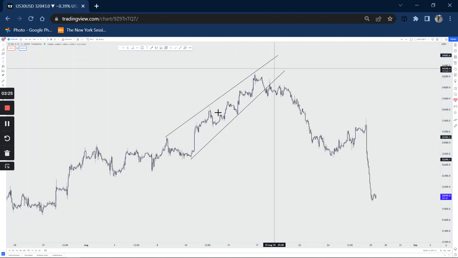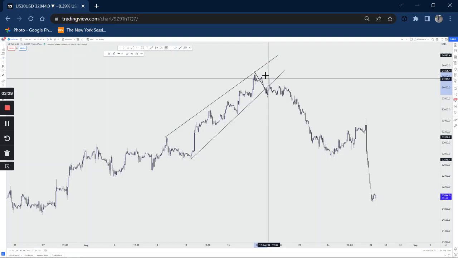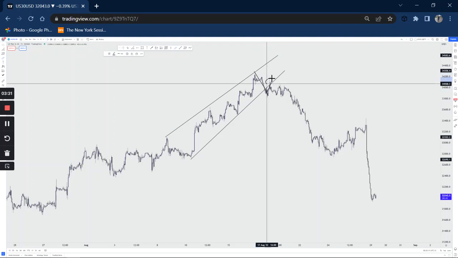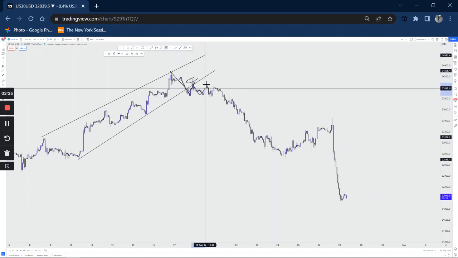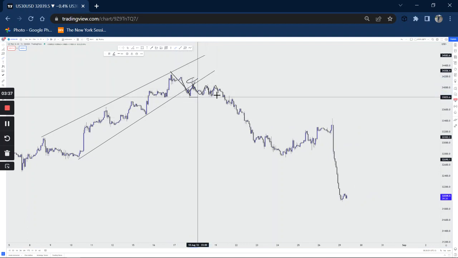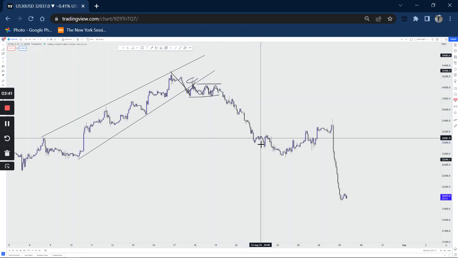So we have a nice rising wedge here, and then we see price breaking below these areas and pulling back for a nice retest on our bigger time frame. Then price started forming some sort of continuation pattern before eventually bleeding to the downside.